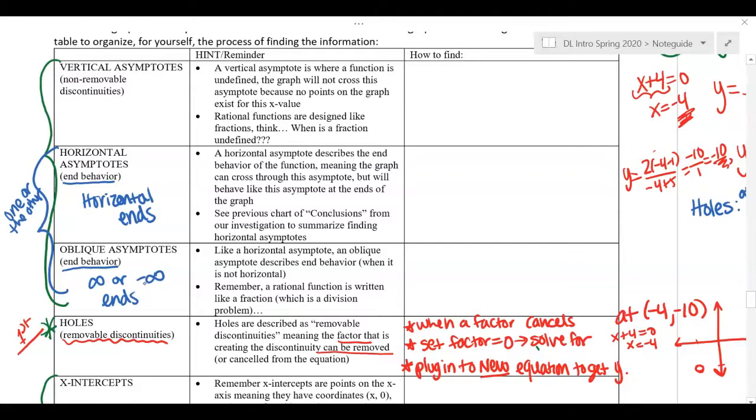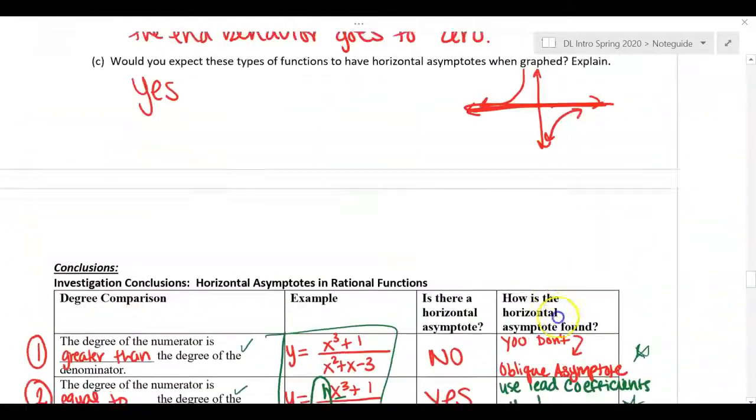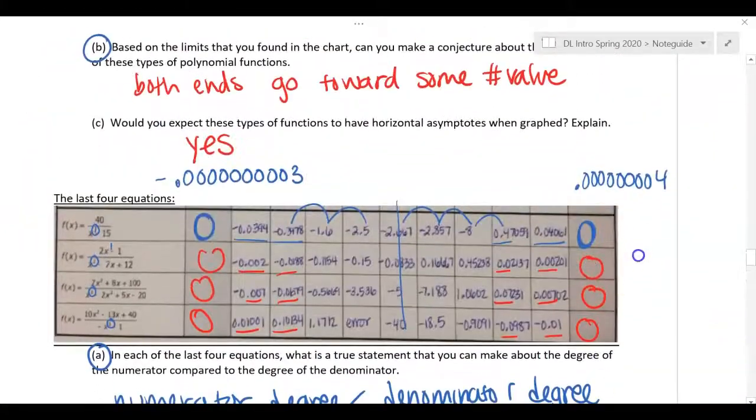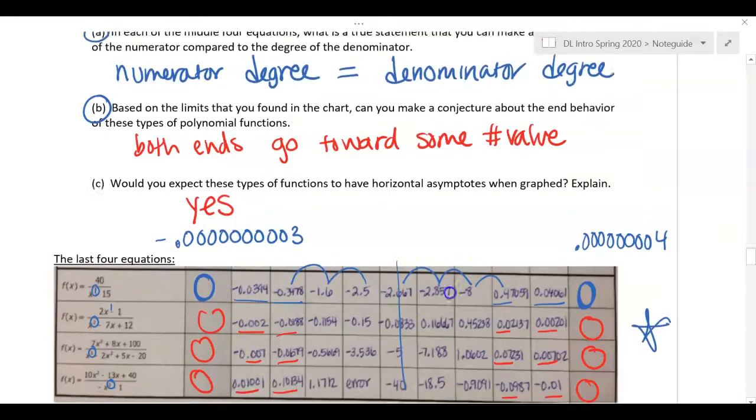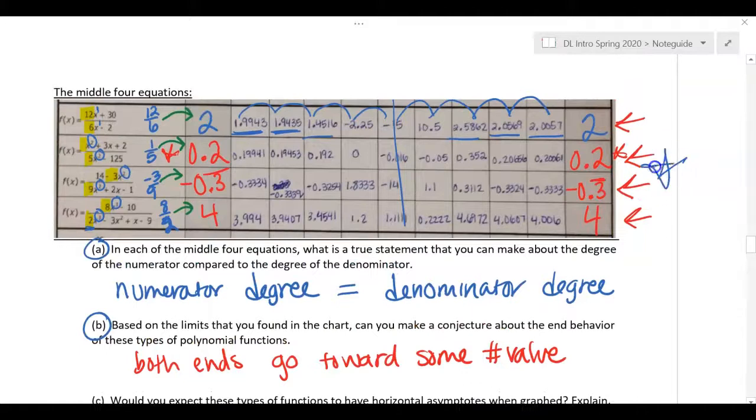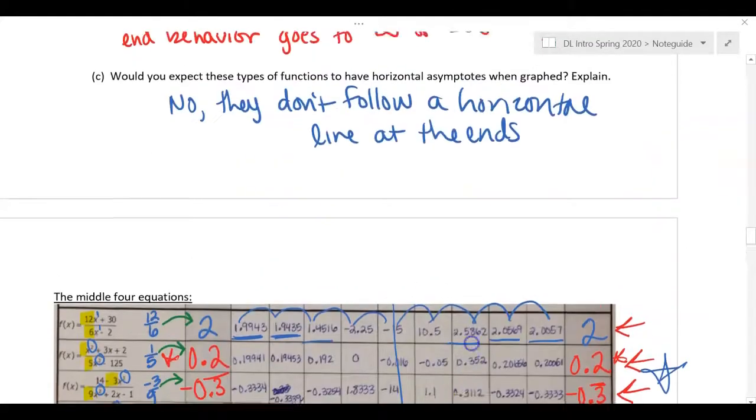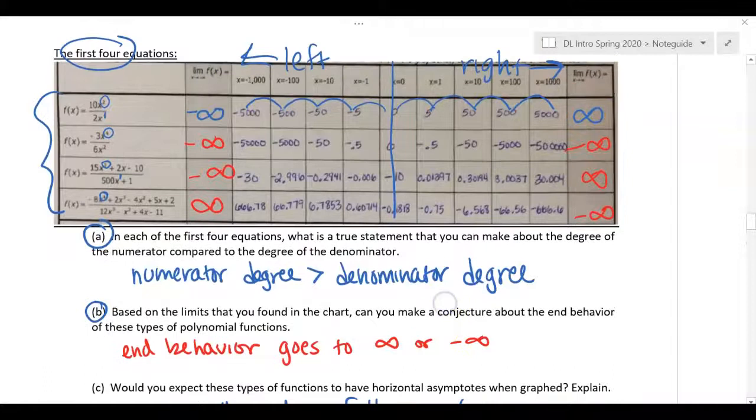Okay, so referring to the previous notes, when we looked at all these, this has a horizontal asymptote because it landed at a certain number. This has horizontal asymptotes because it landed at a certain number. This one did not have a horizontal asymptote because all of the ends went towards infinity or -infinity.